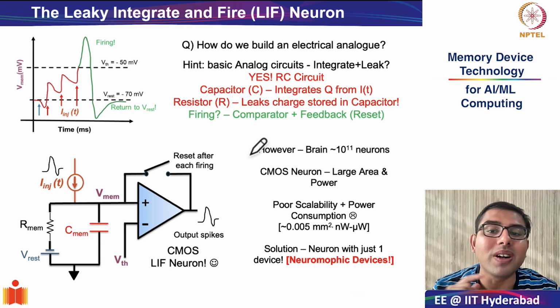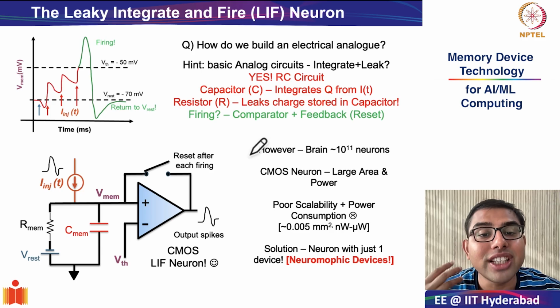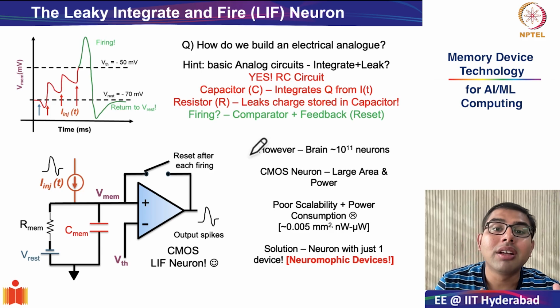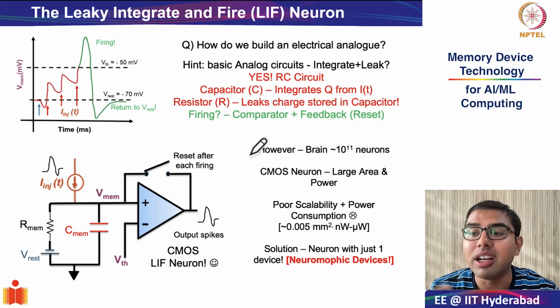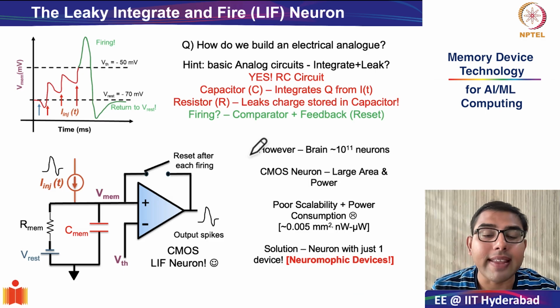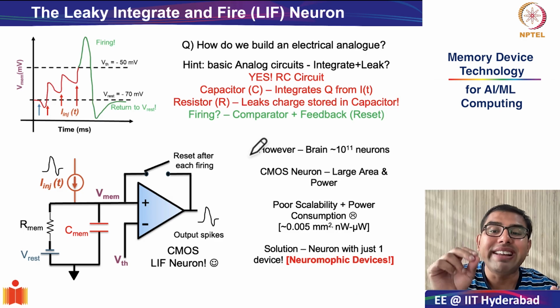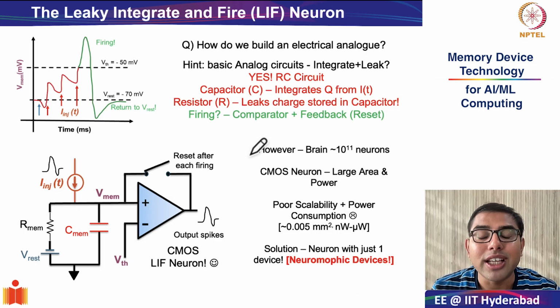Another very important thing we saw was that each neuron is connected to 1,000 or even 10,000 other neurons. This is what gives the brain massive parallelism and large fan-out, and that is why simulating all details of the brain is very difficult.